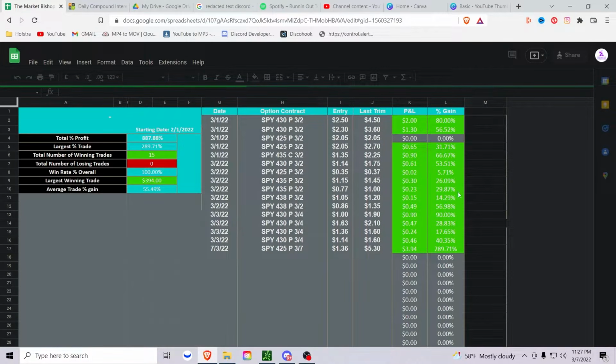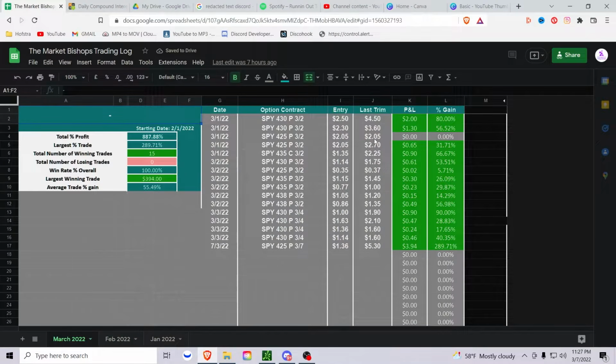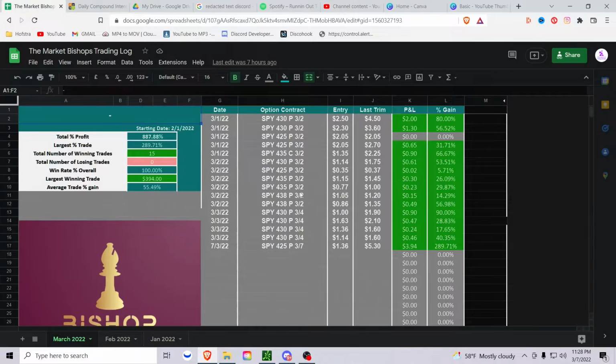I'll show you guys. I don't think this whole year I've traded QQQ. First of all, this month, this is my trading log, if you guys haven't seen it. This month I've not traded QQQ or IWM. In fact, it's all been SPY. Crazy part is it's all been either 430 put, 425 put, or 435 put.